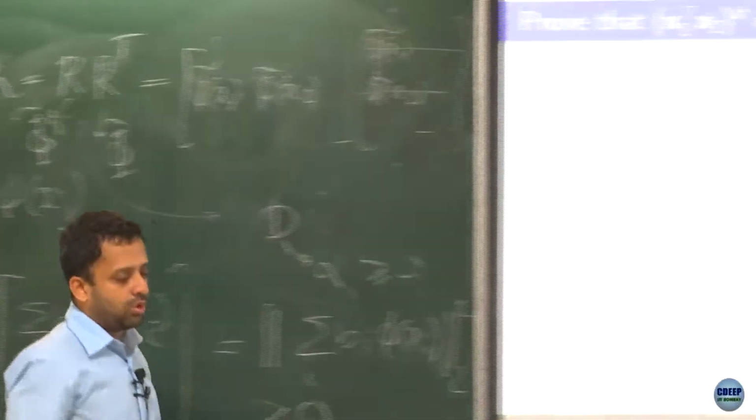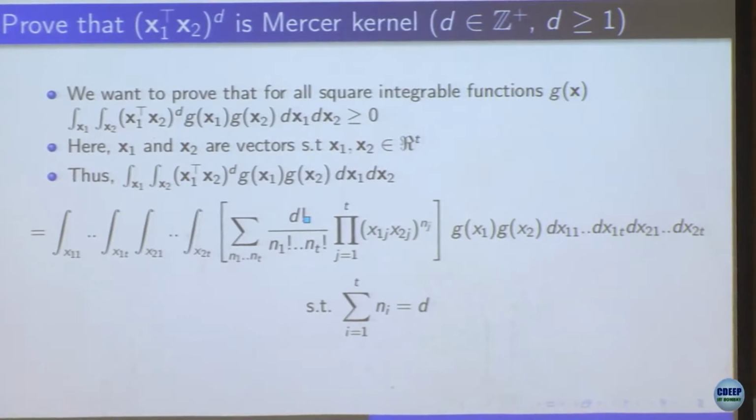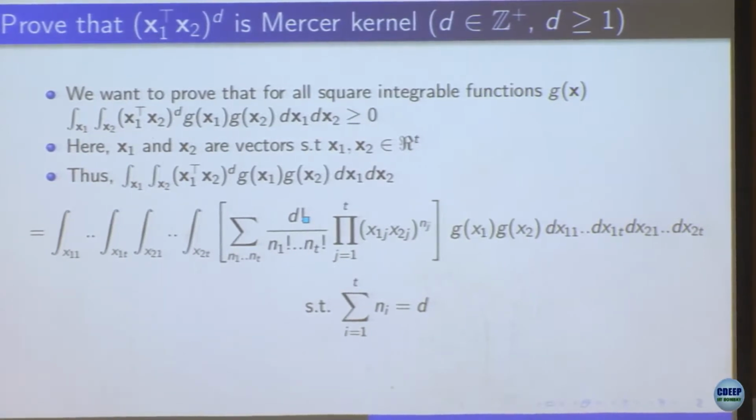What I am going to show is that this integral for any square integrable function g will always be positive, and the spirit is exactly the same as eigenvalue decomposition. Okay, so let us do that.